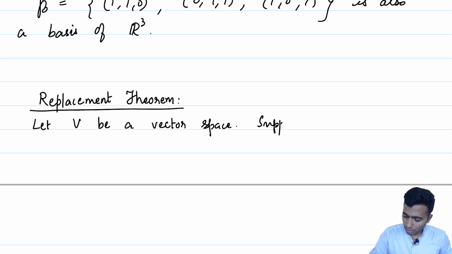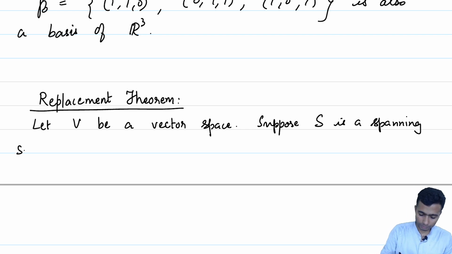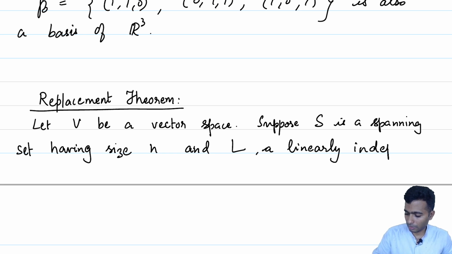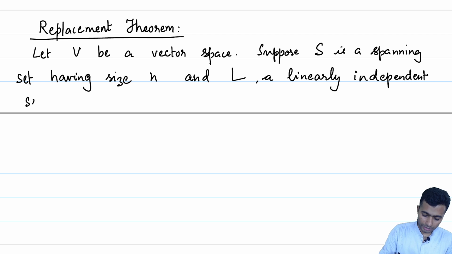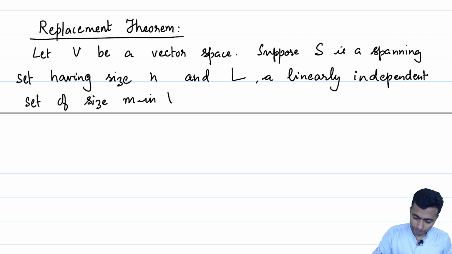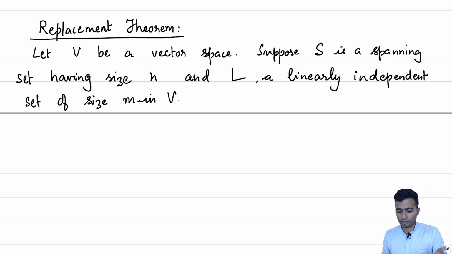Suppose S is a spanning set having size n and L a linearly independent set of size m in V. So, these are both subsets of V.